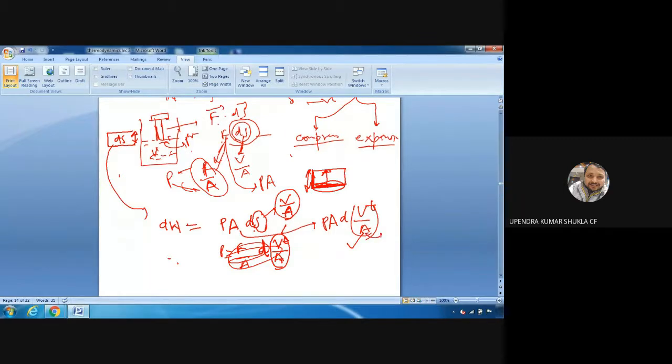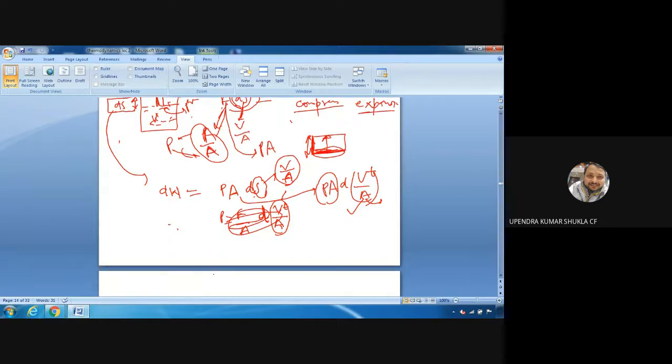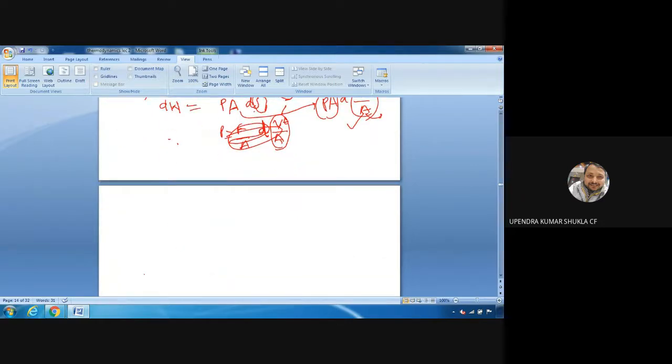Here A is the area of the piston. So in this way you can calculate the force exerted by the piston on the fluid. Force is nothing but the product of the piston area and the pressure of the fluid, right? So you understand this thing.